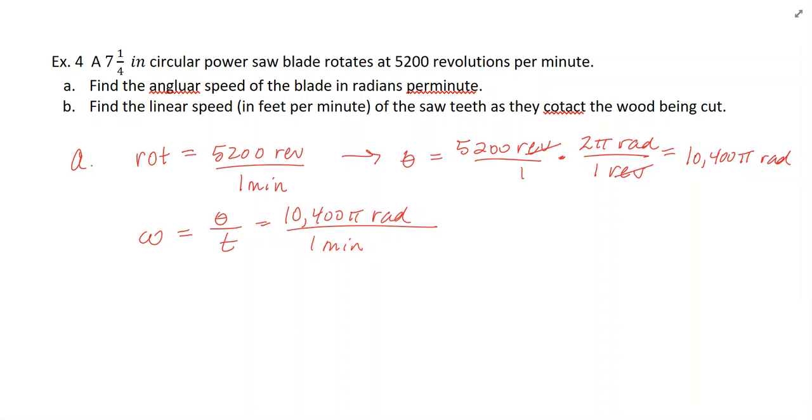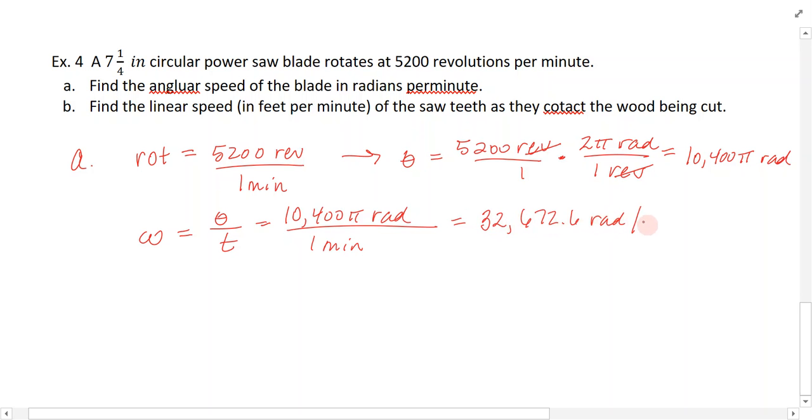Does that make sense? All right. Now the decimal value of this is going to be 32,672.6 radians per minute. Are there questions on that so far? I'm trying to show you the units that I'm using here.